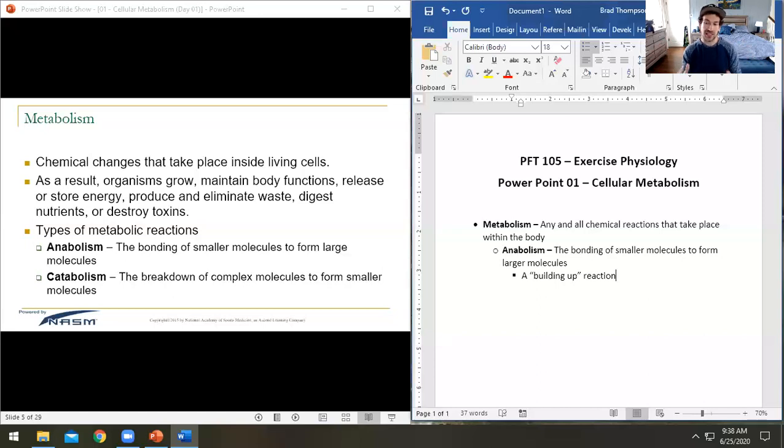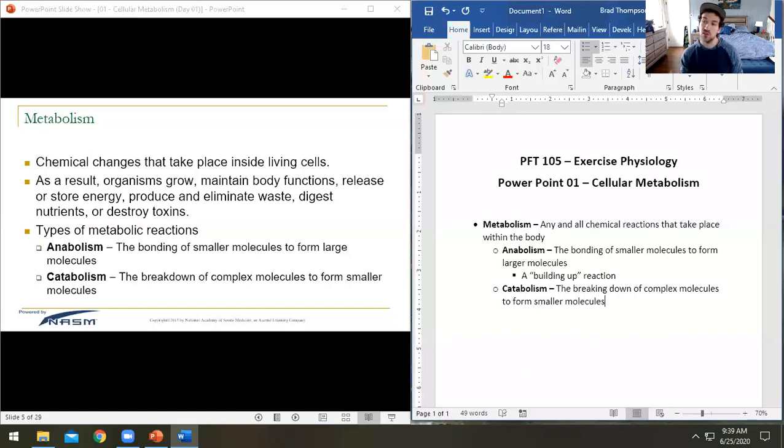But in order to get there, we had to take that bacon and break it down. We had to take those pancakes and break them down, right? And that type of reaction is what's referred to as a catabolic reaction. So catabolism is going to be the breaking down of complex molecules to form smaller molecules.